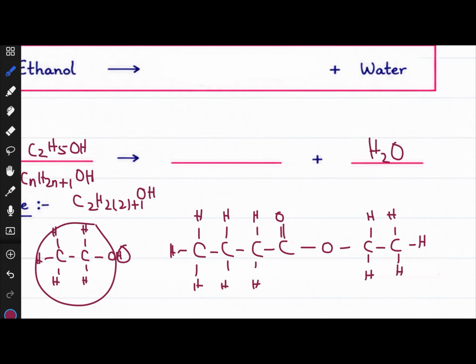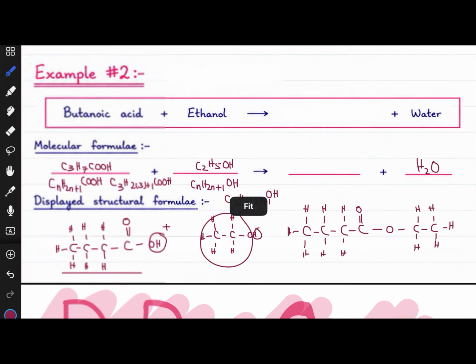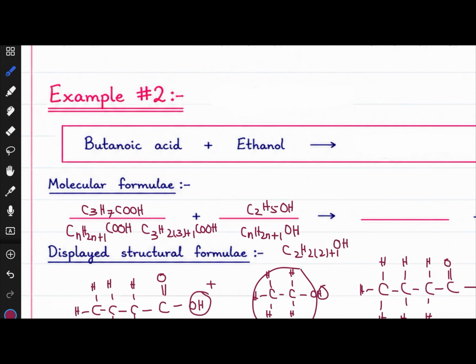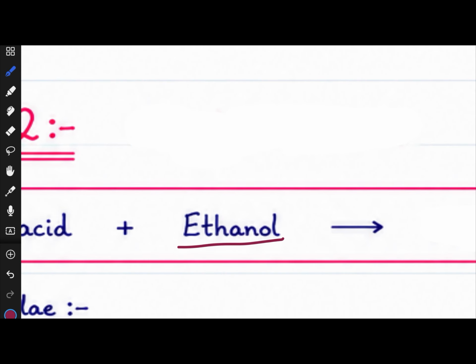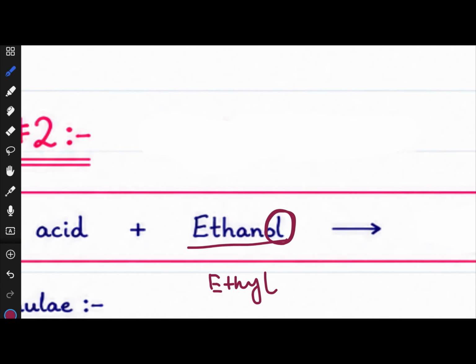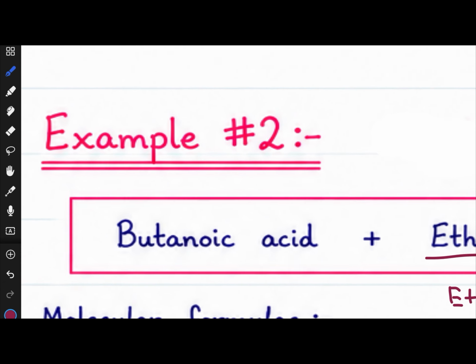Now it's time to name our ester. Firstly, let's see our alcohol part. We have ethanol here. We're going to remove the -ol from here, and we're going to write "-yl" instead of it, so it's going to become ethyl. And we're going to do the same thing with butanoic acid.